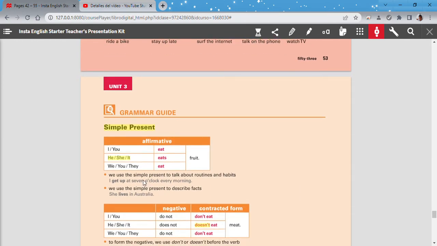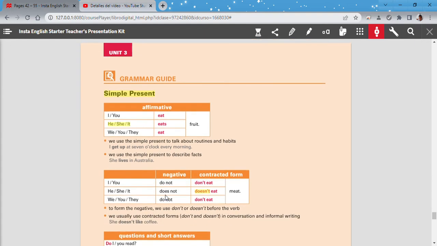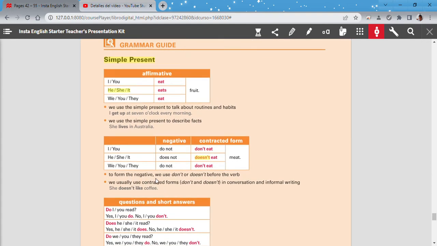We use the simple present to talk about routines and habits. I get up at 7 o'clock every morning. We use the simple present to describe facts. She lives in Australia. Before the negative, we use don't or doesn't before the verb. We usually use the contracted form don't or doesn't in conversation and informal writing. She doesn't like coffee.